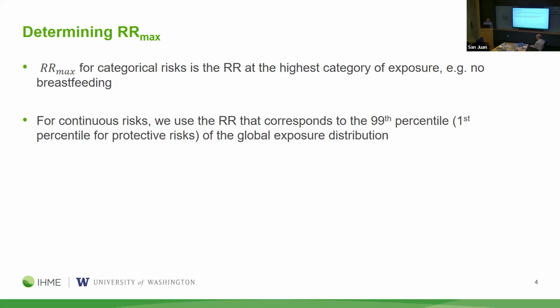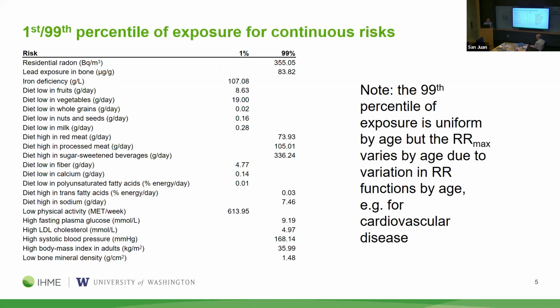And for protective risks, of course, it's the first percentile of the global exposure distribution. So here's a table of the 99th percentile of exposure at the global level across the continuous risk factors.